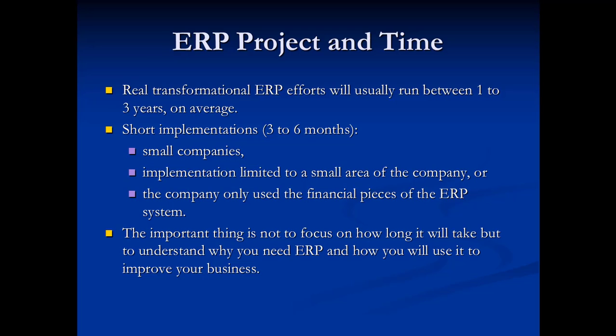It can be a large organization, but if you are applying this only to the HR and marketing departments, then it will take a short period because only two different departments are going to be integrated under the ERP system. Or sometimes companies only use the financial pieces of the ERP system. If the company is only using the financial module of the ERP, then it may again take 3 to 6 months to implement this in a proper manner.